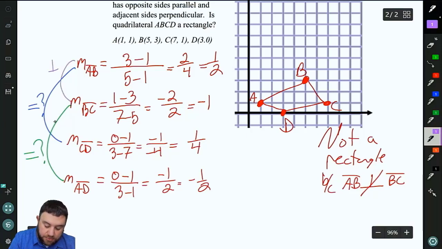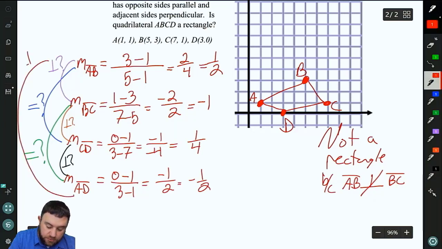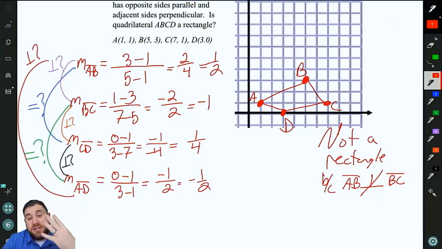So are these two perpendicular? Are these two perpendicular? Are these two perpendicular? And then finally, the first and the last one, are those two perpendicular? So you'd need to check 2 sets of parallel sides and then 4 sets of perpendicular sides. And if all of those work out, then it's a rectangle. However, the first pair didn't work out, so we don't need to go any further.